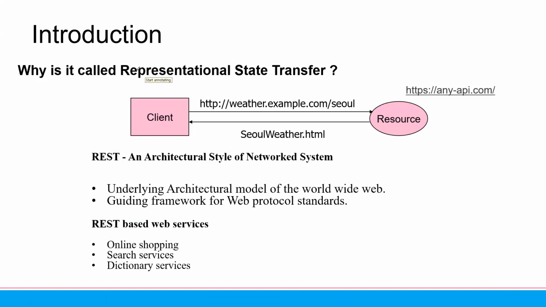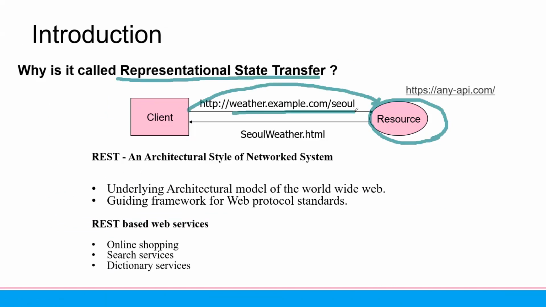why do we call it representational state transfer? Representational state transfer means I have a resource, and I want to connect to this resource. Let's say weather. I have a weather resource, but this is not real.